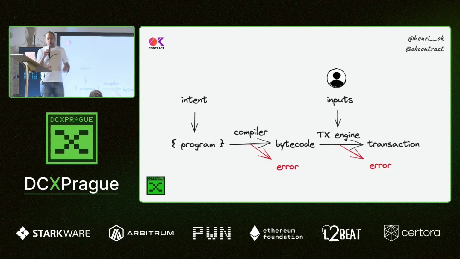And then when we have this bytecode, which represents, let's say, a seemingly valid transaction, then we have a TX transaction engine, which basically takes the user input and either gives a runtime error, this time on the right, or outputs the transaction.